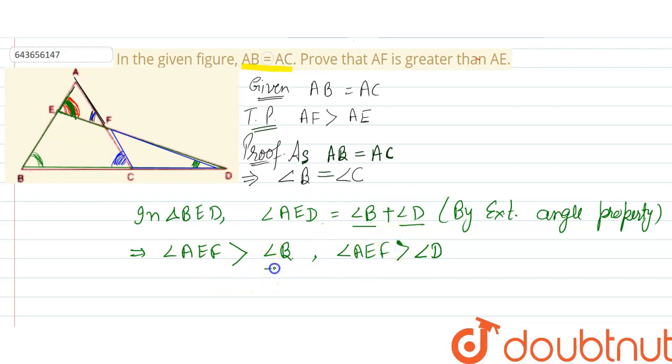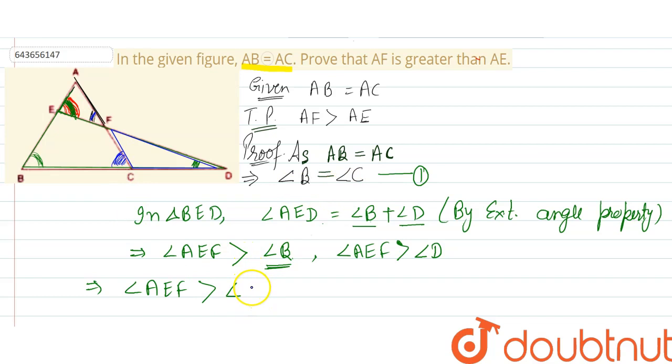But angle B and angle C we have already shown equal, so we can replace angle B by angle C. We can write angle AEF is greater than angle C, that is this one, ACB.